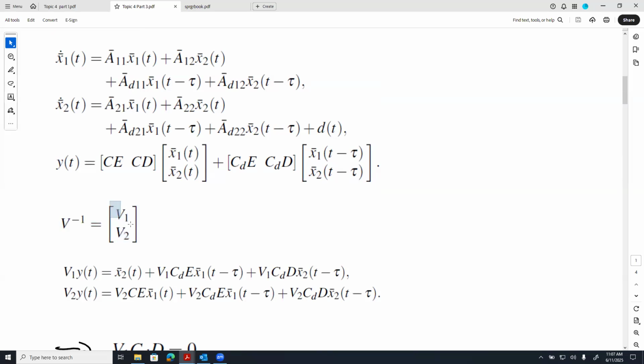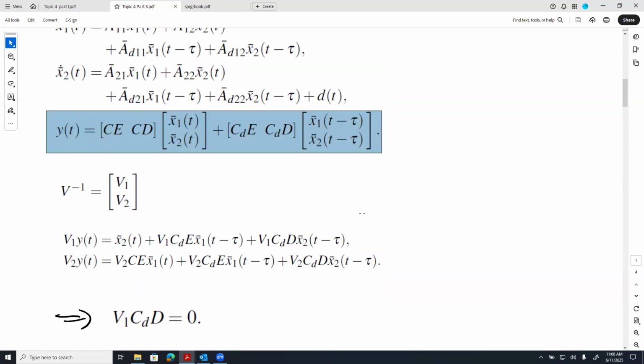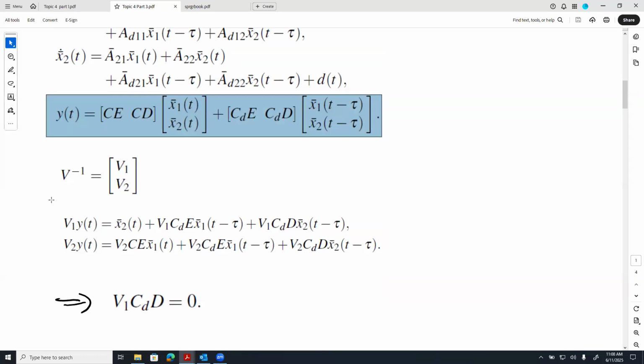It has just one non-zero element in there, and that non-zero element corresponds to the first derivative of the output measurement y1 of t. Now the key thing in here is that when we pre-multiply both sides of this equation by that matrix, we realize two equations.